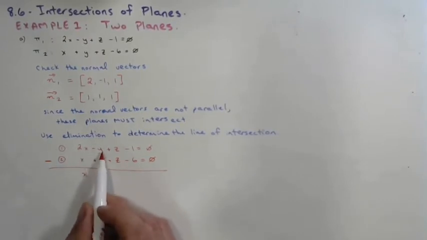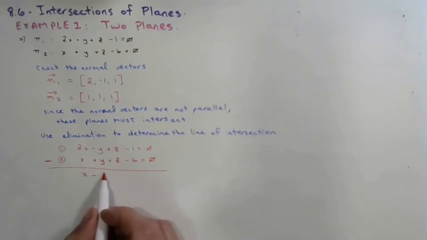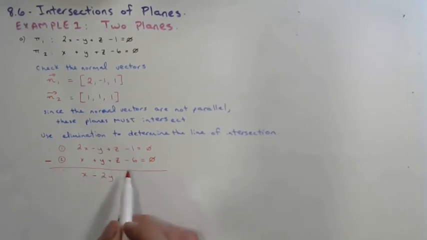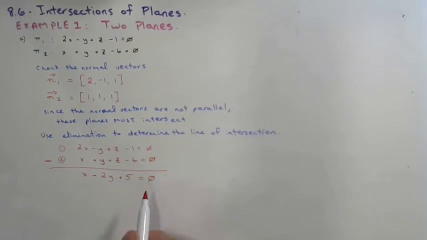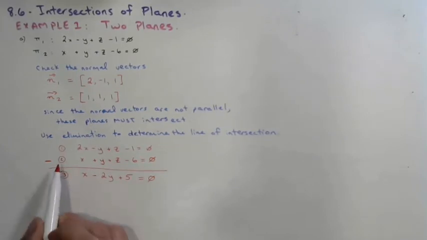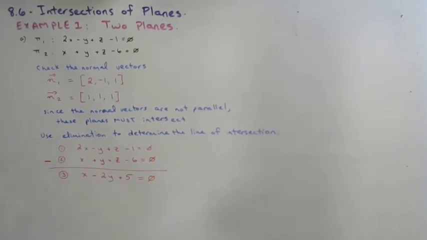We have negative y minus y, that's going to be negative 2y. Our z's are going to cancel out, and then we have negative 1 plus 6, which is plus 5, equals 0, and we're going to call this equation 3. This is 1 minus 2 equals equation 3.